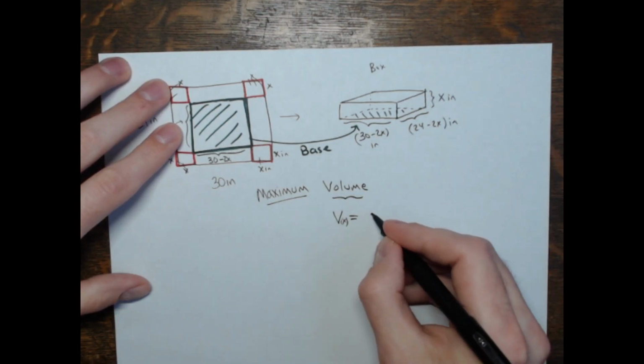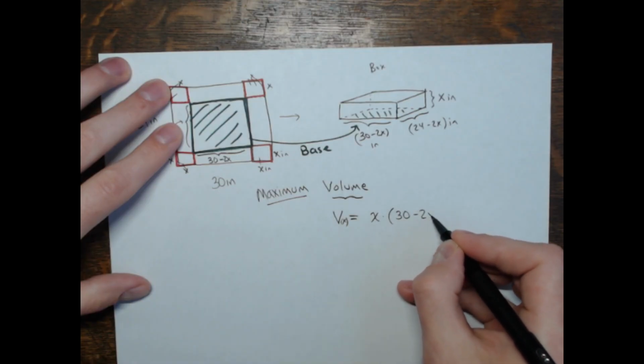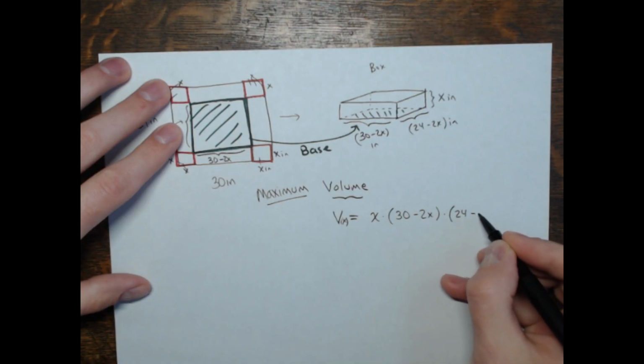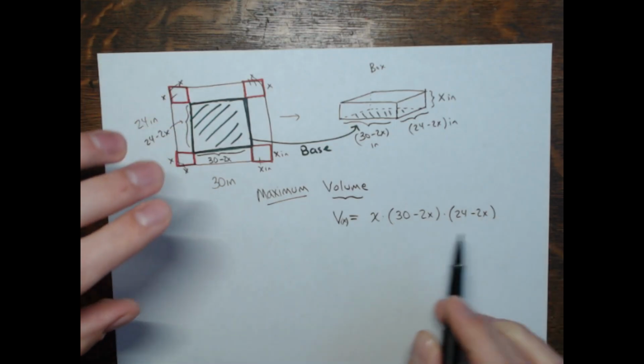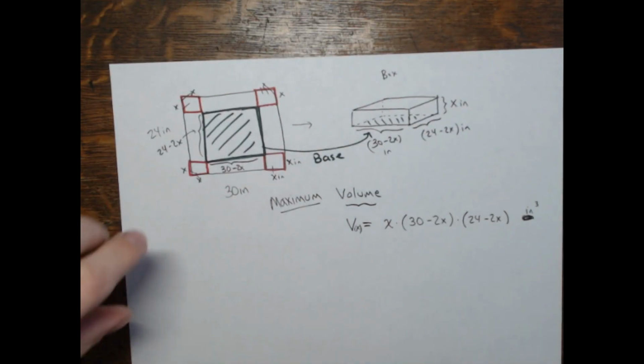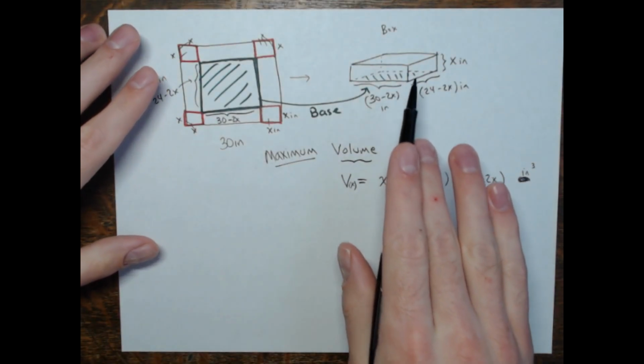Now I'll put the height first. So we got x times 30 minus 2x times 24 minus 2x. This would be in, of course, cubic inches, since they give us inches. So that represents the volume of this box I'm creating.